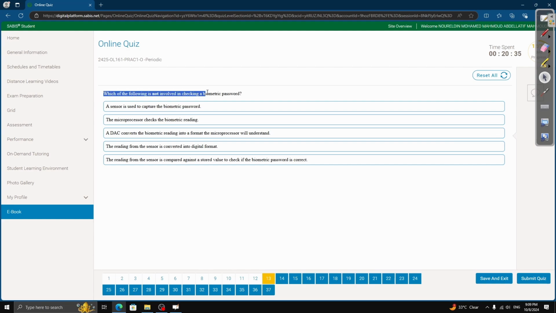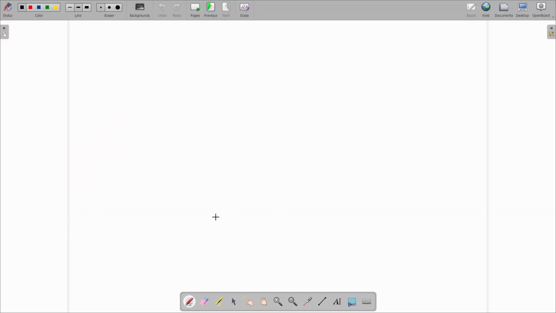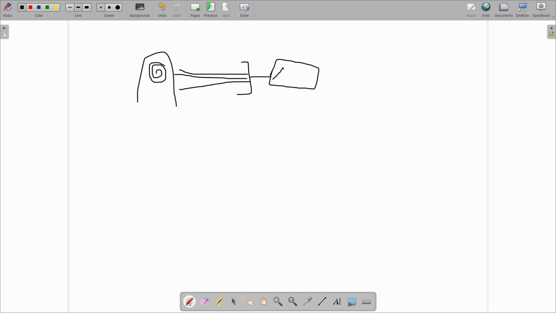Which of the following is not involved in checking a biometric password? There are a lot of steps when checking a biometric password, but all you really need to know is this. Let's say a fingerprint. Let's just assume this is a fingerprint. A sensor would detect this fingerprint. This sensor then sends this reading to an analog to digital converter, or to put simply, ADC.